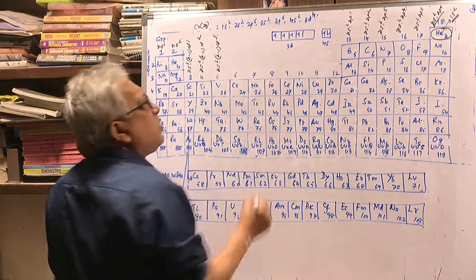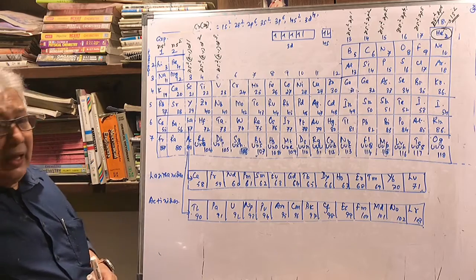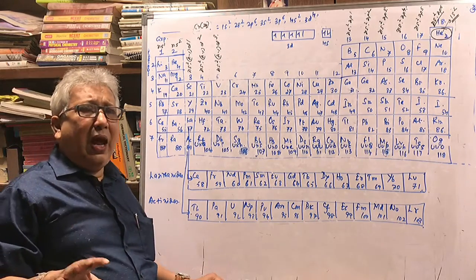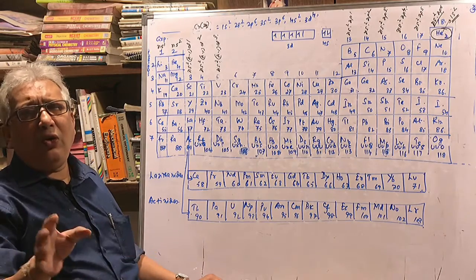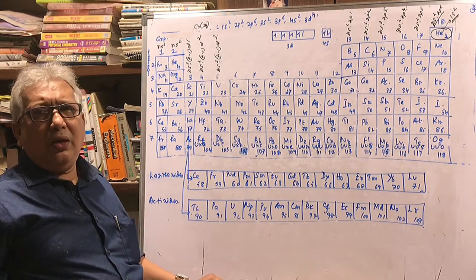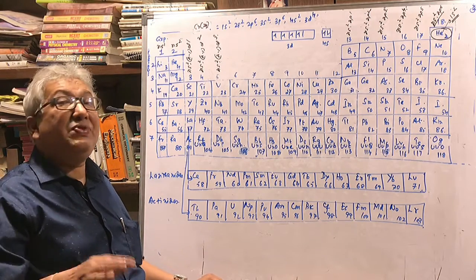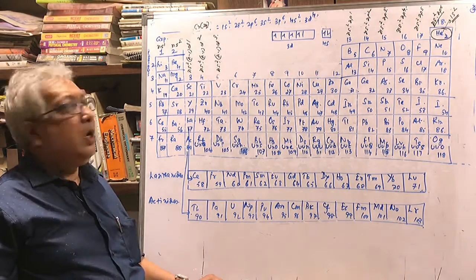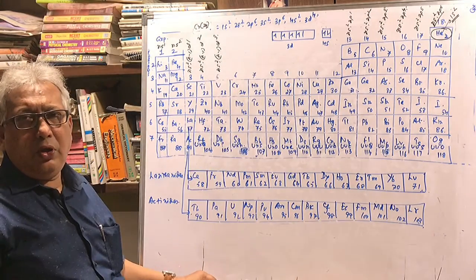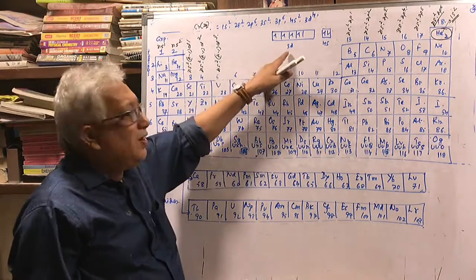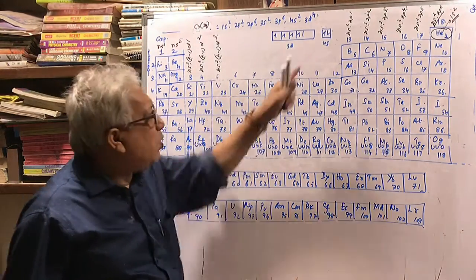But children, I must tell you one very important thing here: every atom wants to have its orbitals either fully filled, half filled or vacant. If the orbitals are fully filled, half filled or vacant, it gives them extra stability. In the case of chromium, just like a story, 3d tells 4s, hey, come on, give me one electron.